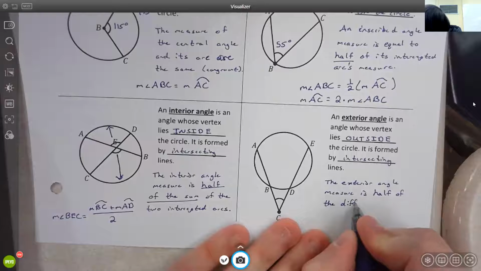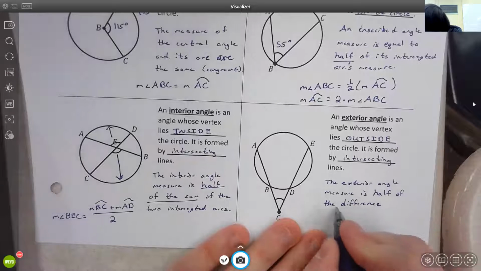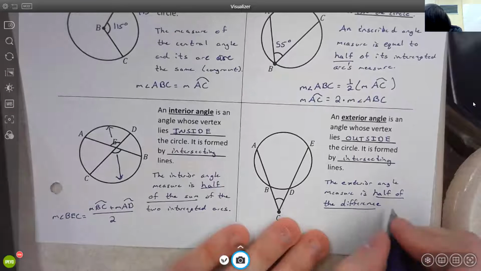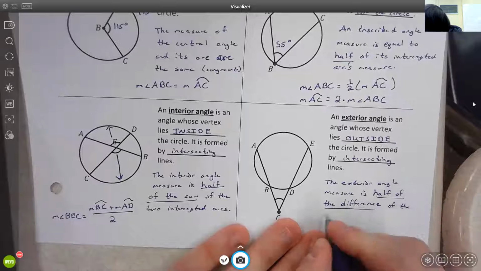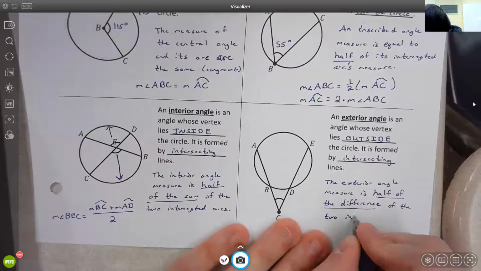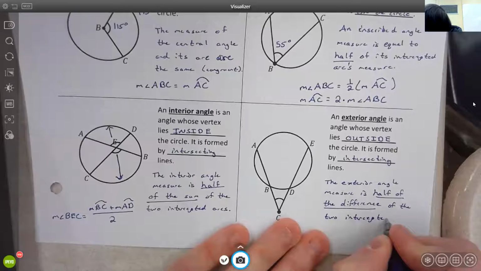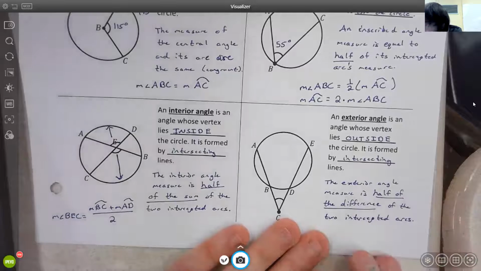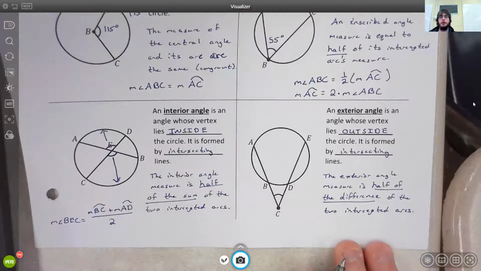This time we're going to subtract. So half of the difference of the two intercepted arcs.